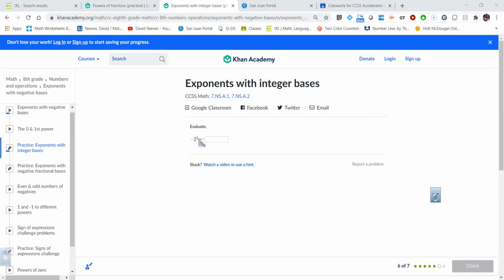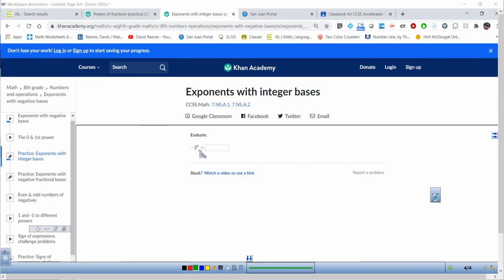All right, now we are back to one without parentheses, right? So this is not -2 to the third power. Again, this is the opposite of 2 to the third power.